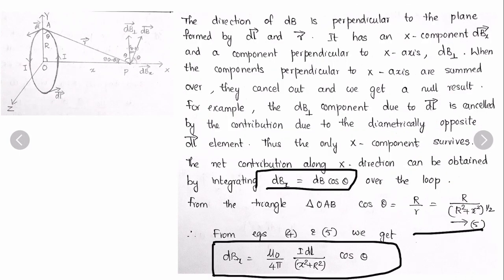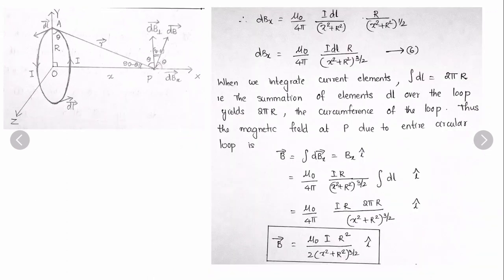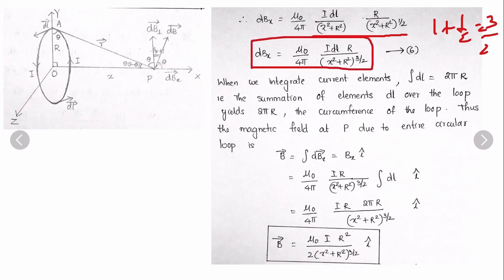Then if you see the denominator, x square plus r square, and x square plus r square to the power of 1 by 2, gives 1 plus half, which is equal to 3 by 2. Then dBx is equal to mu 0 by 4 pi IDL R by (x square plus capital R square) whole to the power of 3 by 2, equation number 6.